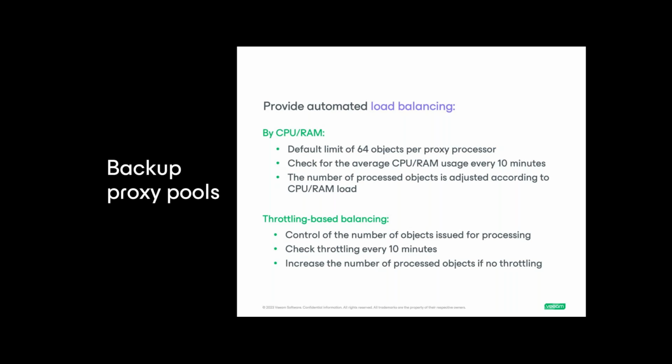A newer feature too is that we will automatically do some throttling-based balancing. So if we potentially run into Microsoft's throttling, I'll say not really potentially, generally we're going to hit Microsoft's throttling at some point. We will automatically receive those back off messages, the 429 errors, and it's built into the product that the proxies will slow down.